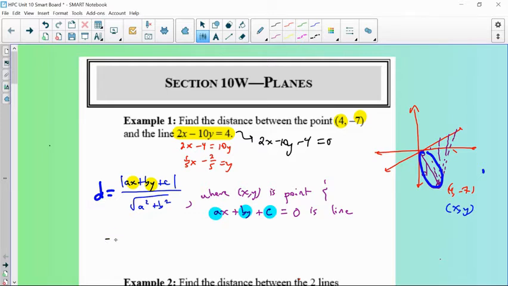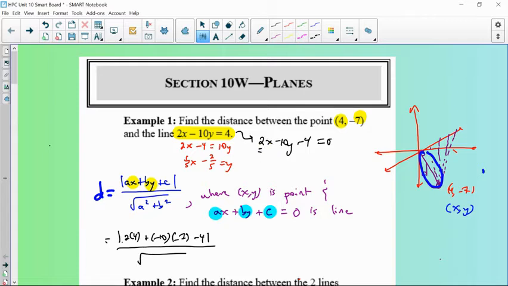So my distance would equal a, which is 2, times x, which is 4. So 2 times 4 plus b, which is -10, times y, which is -7, plus c, so plus -4, all over the square root of a squared plus b squared.